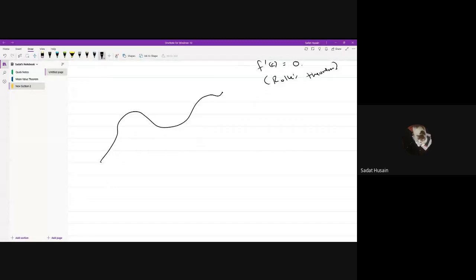So this point is a comma f of a. If it's a point on the graph, when the x coordinate is a, then the y coordinate has to be f of a. And this point, let's say, is b comma f of b. Let's try joining these two with a line.